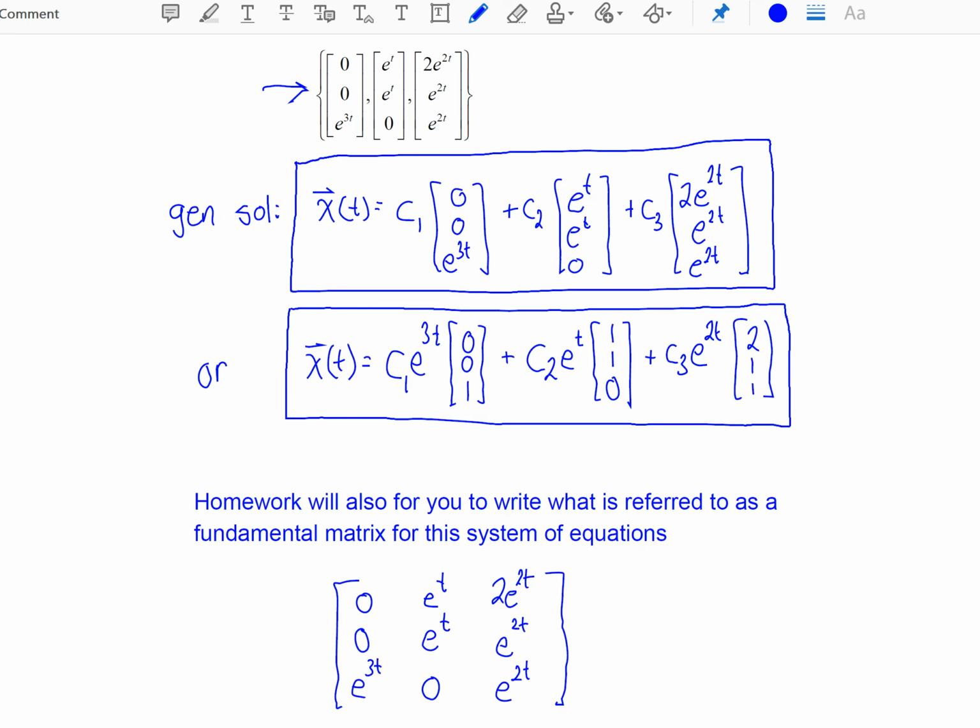Now we don't actually do anything with our fundamental matrix, but it does represent your matrix of different solution vectors that are there. So I want you to be prepared for it when you see it in your homework.